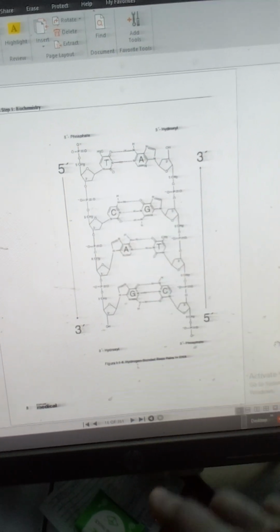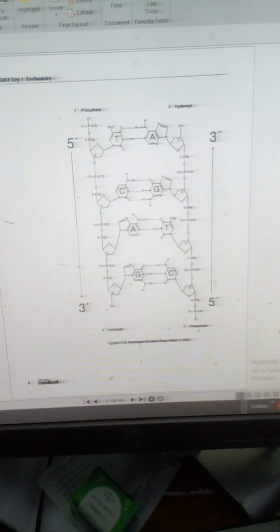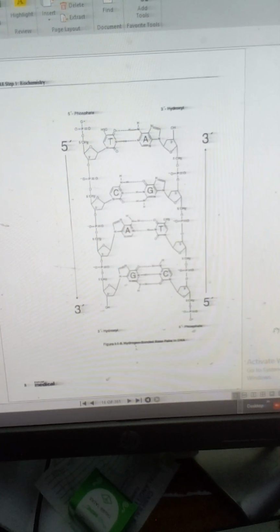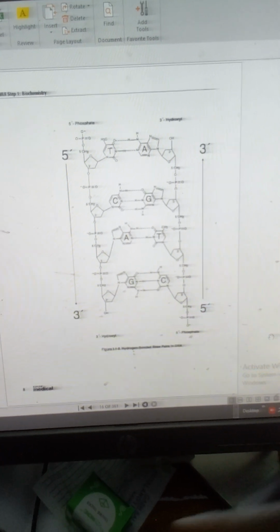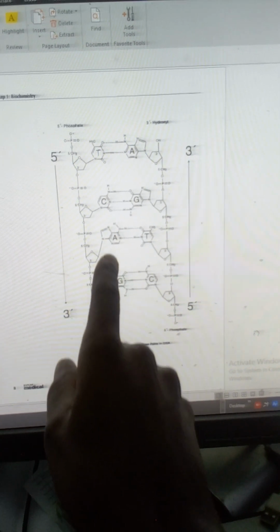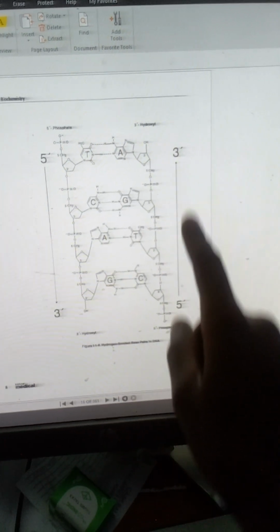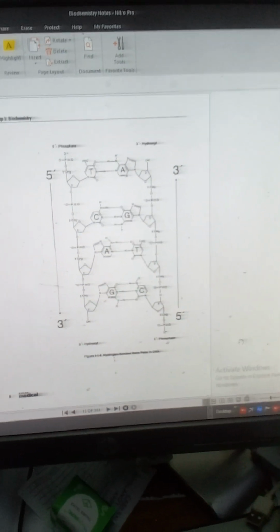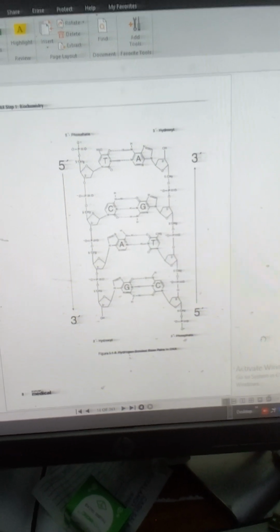These dotted lines joining the letters there, those are the hydrogen bonds. So this is an example of a nucleic acid, double-stranded DNA. One strand is running on this side, and another strand is running on this side, and they are joined together by the hydrogen bonds, as I have said.